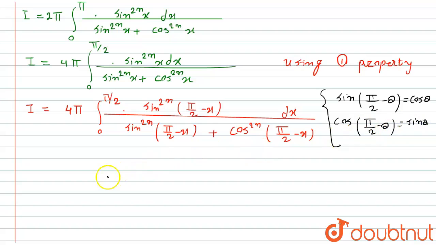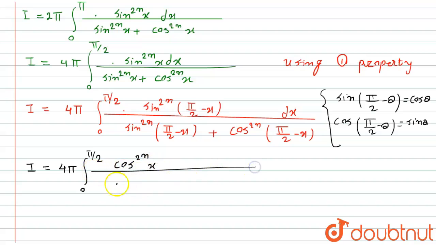So by using this trigonometric property, we get I equals 4π integral from 0 to π/2 of cos^2(nx) divided by, in the denominator, cos^2(nx) plus sin^2(nx) dx.